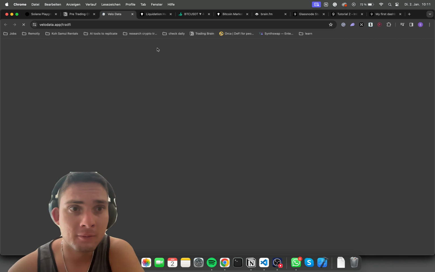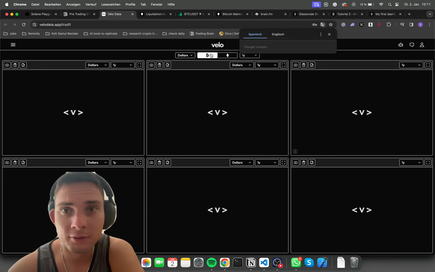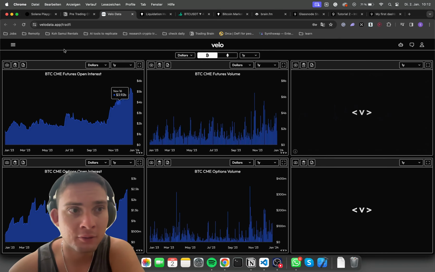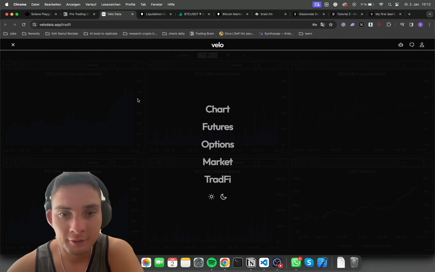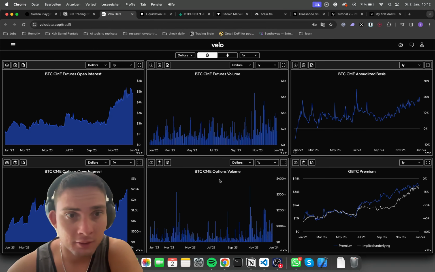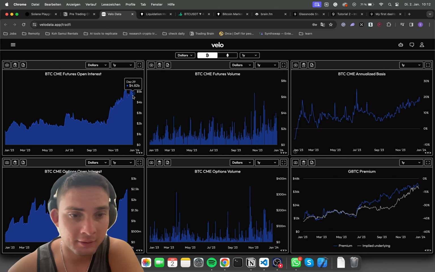Let's look at CME data, what TradFi is doing, since I've read on Twitter that TradFi is here again with even higher open interest. Okay, futures, I guess it meant the options open interest is at an all-time high.